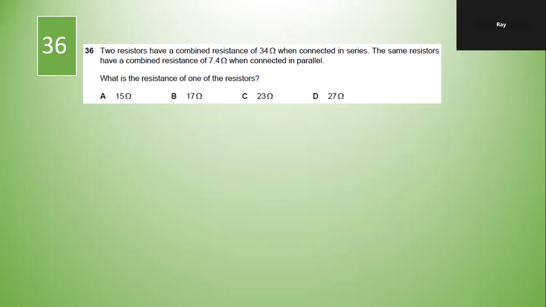Two resistors have a combined resistance of 34 ohm when connected in series. The same resistors have a combined resistance of 7.4 ohm when connected in parallel. What is the resistance of one of the resistors?